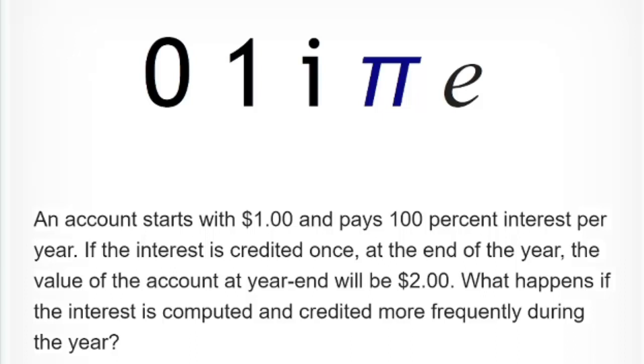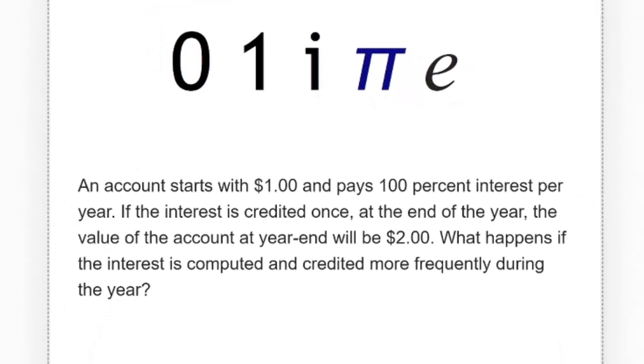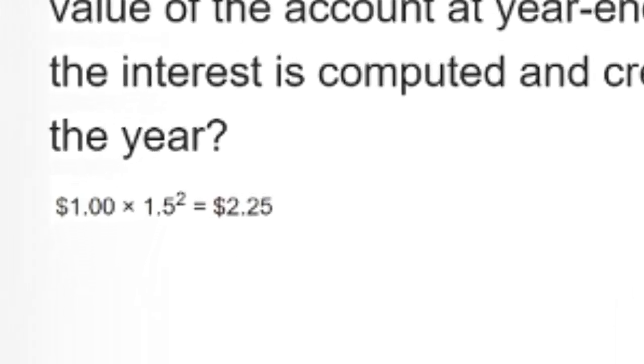However, if you ask the creditor to pay twice in the year, during half the year and then at the end of the year, the amount that you will get is not $2 as it was in the last case, but $2.25.